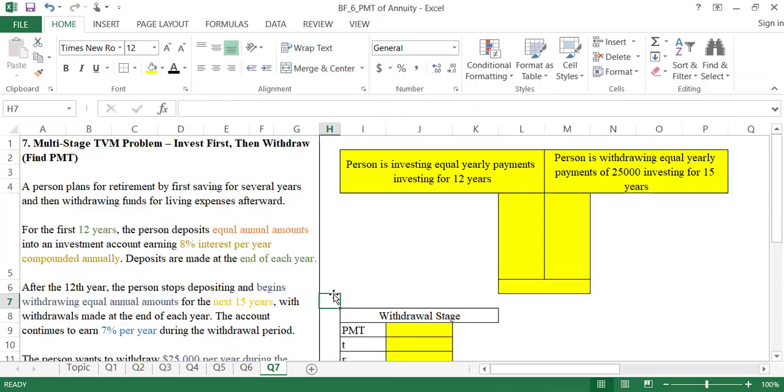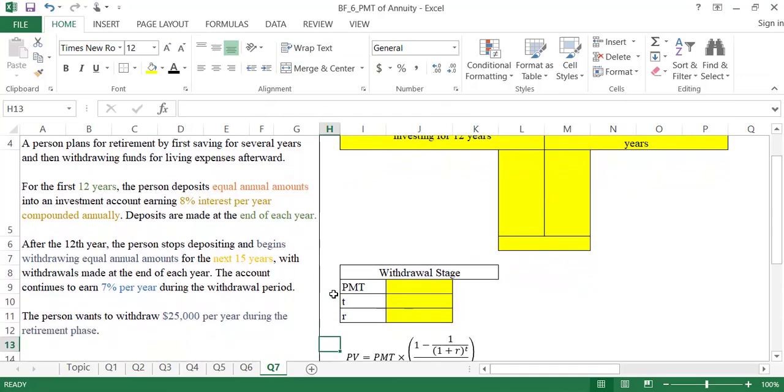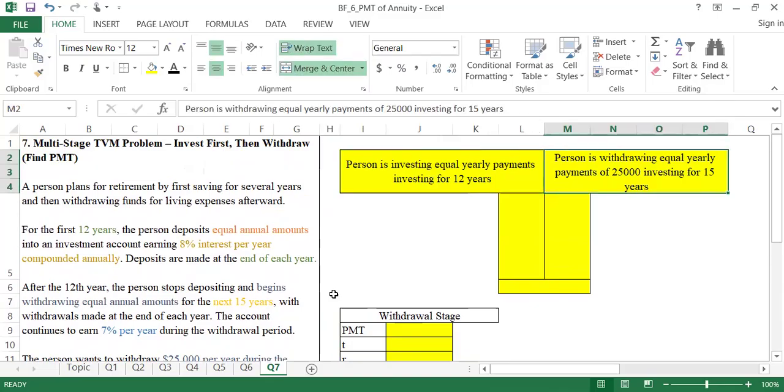We know how much he withdraws as it's stated in the question. The person wants to withdraw 25,000 per year during the retirement phase. So in the first part, he's investing equal amounts every year. And in the second part, he's withdrawing.